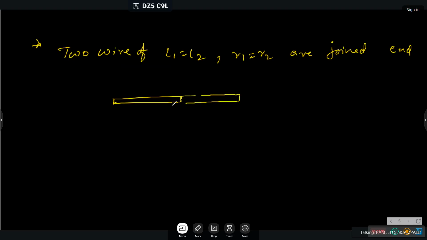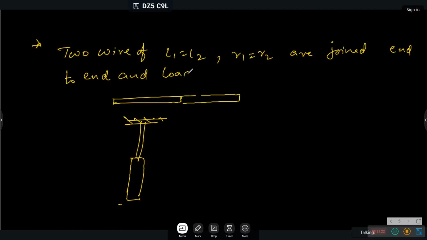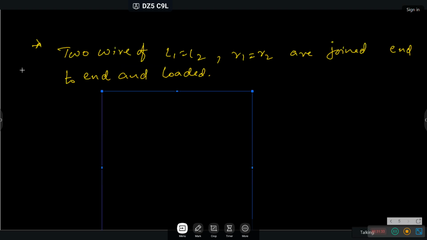Like this, you can otherwise see one wire, another wire, two wires, end to end, unloaded.